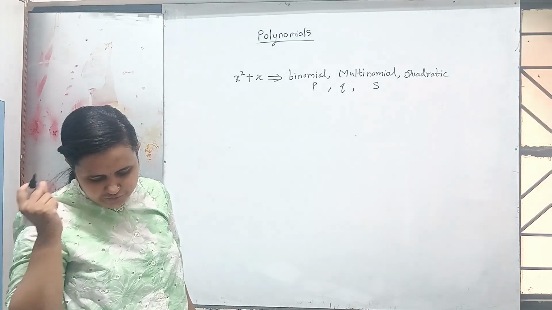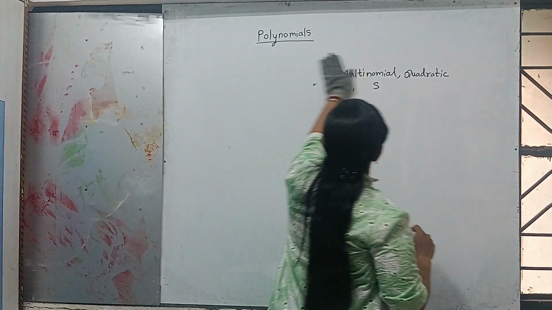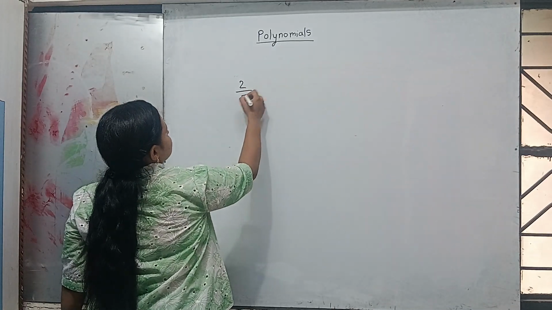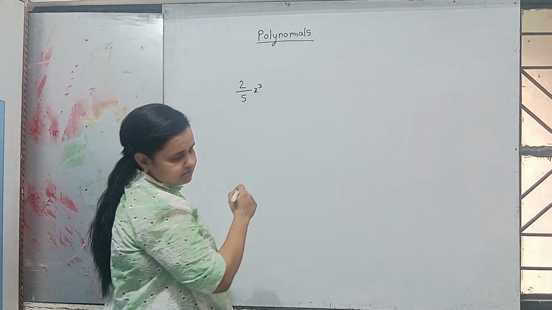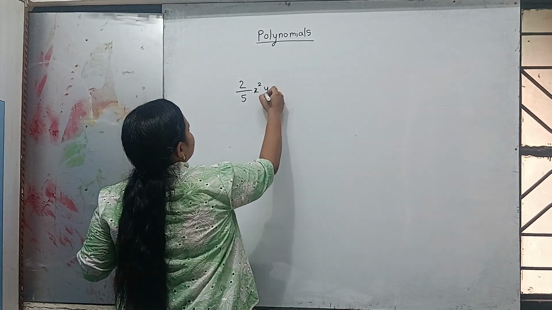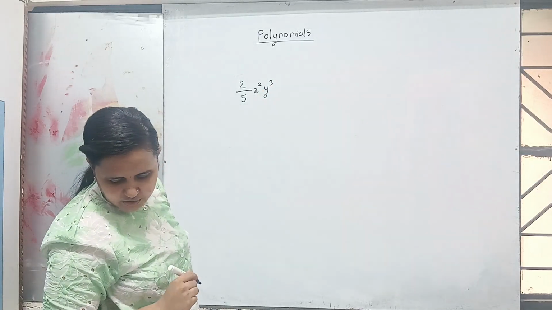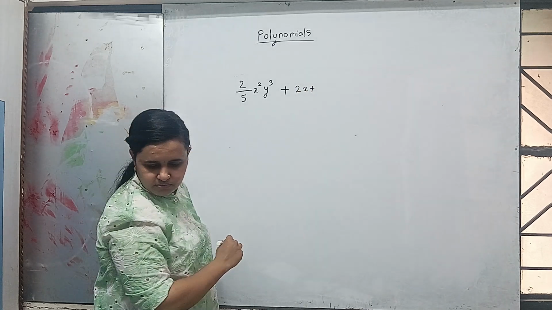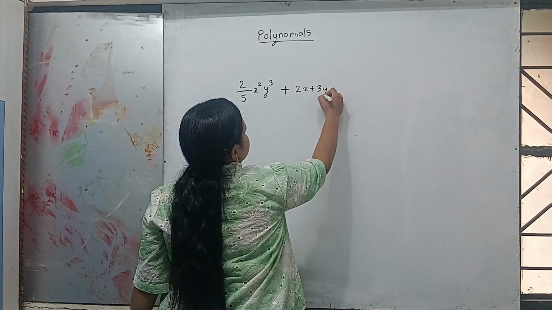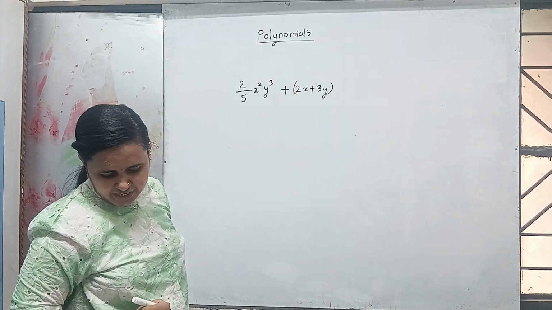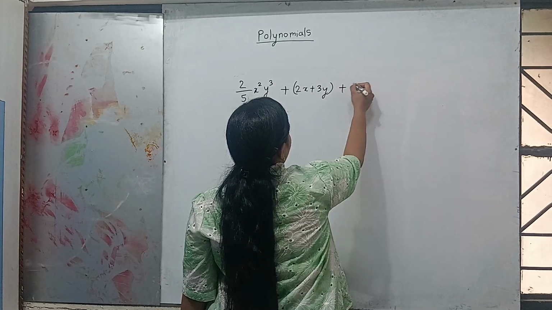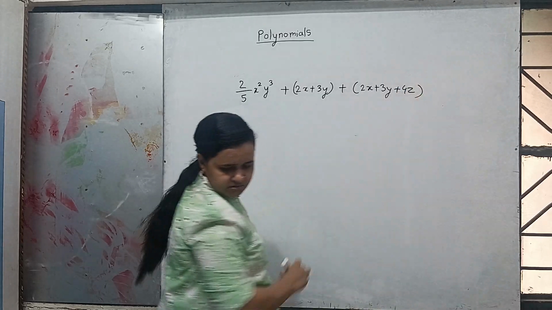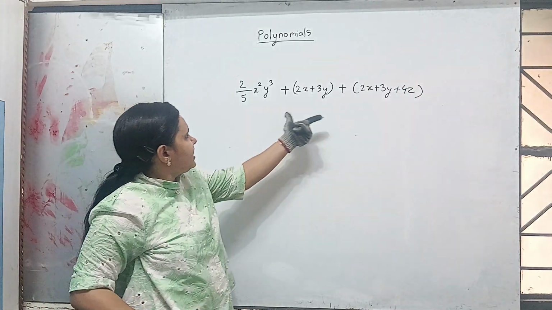Now next one. If a monomial 2 by 5 x square y cube and a binomial 2x plus 3y and a trinomial 2x plus 3y plus 4z are added.